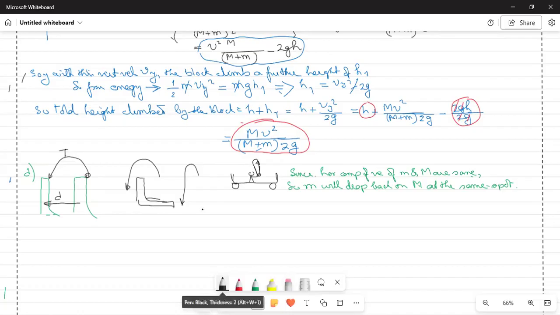The vertical component of velocity of small m was vy, the value of which we have found out, right?